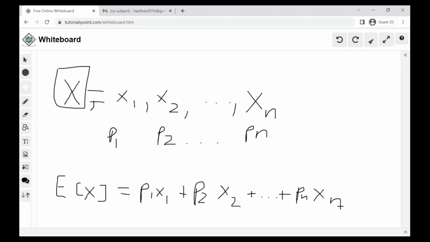And the motivation for this definition is that it gives us what we think should be the average of x, right? The average value of this random variable x, because it'll attain the value x1 with probability p1, and it'll attain x2 with probability p2, and it'll attain xn with probability pn.